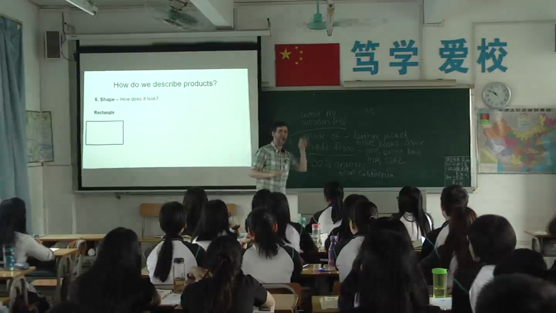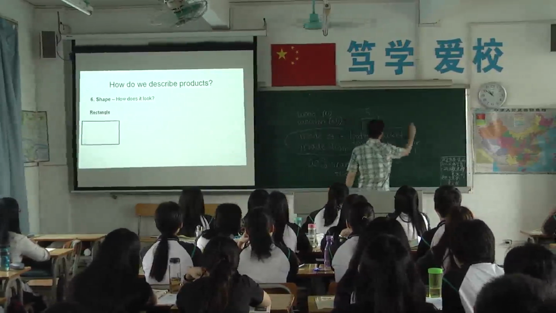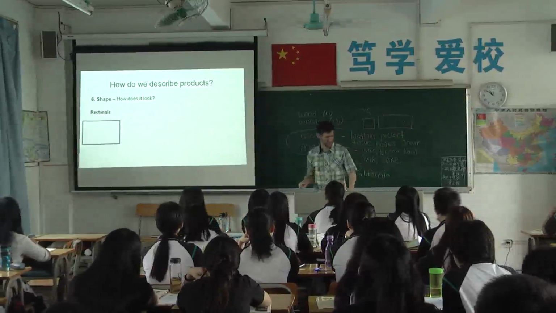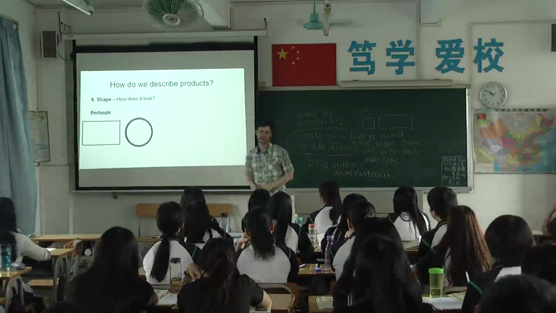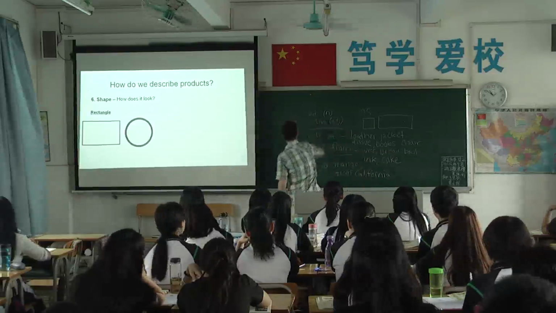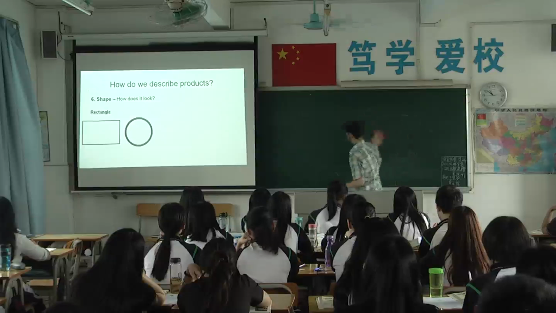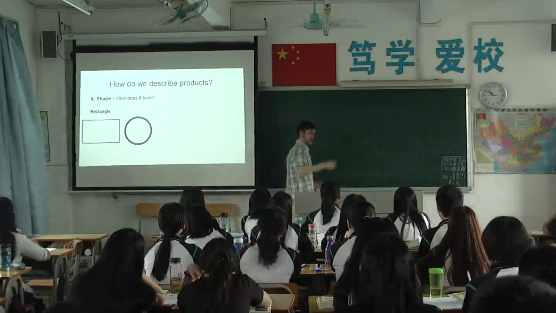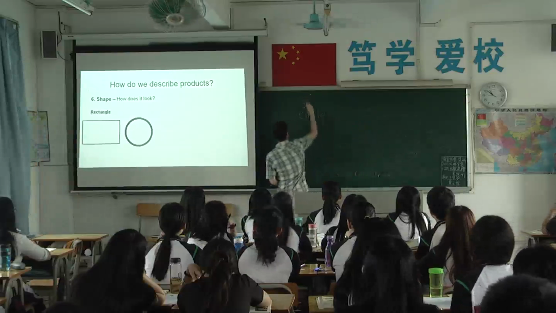So we have square, rectangle. Next one. Circle. I want to give you another word for circle. Round. Good job.